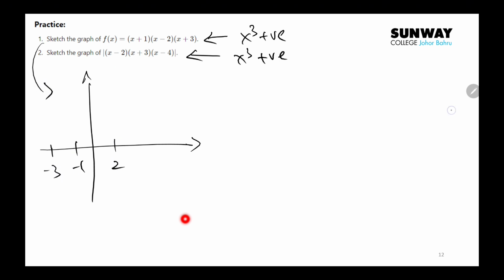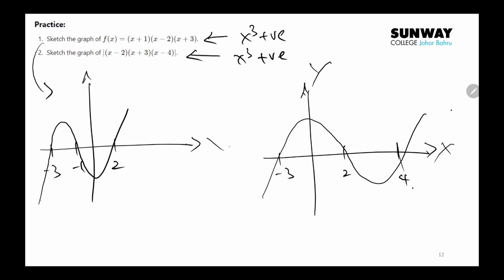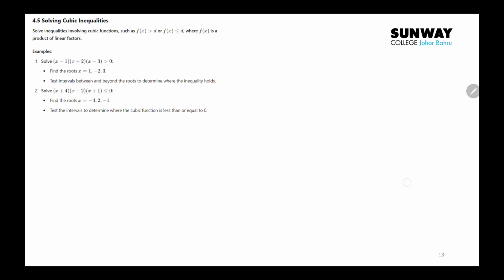For the second question, it's going to be -3, 2, and +4. Again, it will start from the bottom left and pass through all these x-intercepts, and this is what the shape of these cubic equations is going to be like.